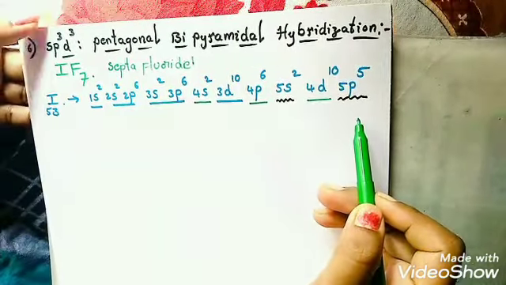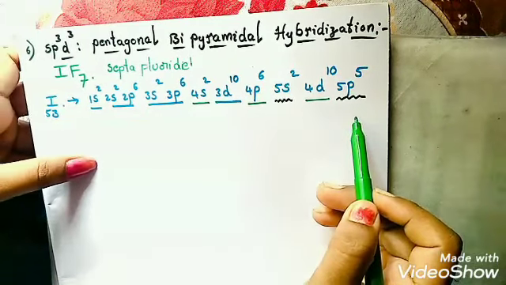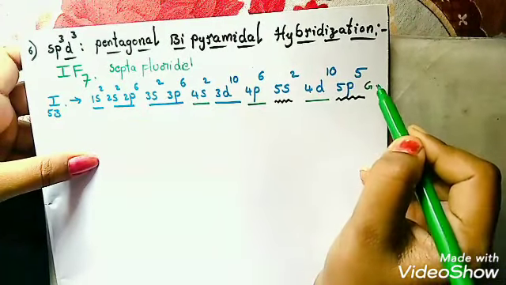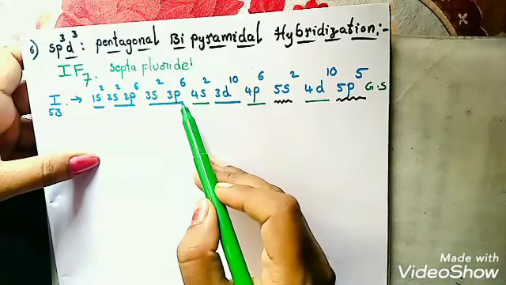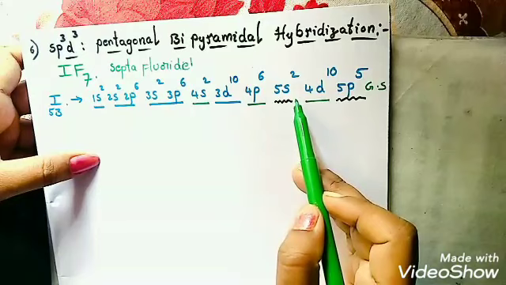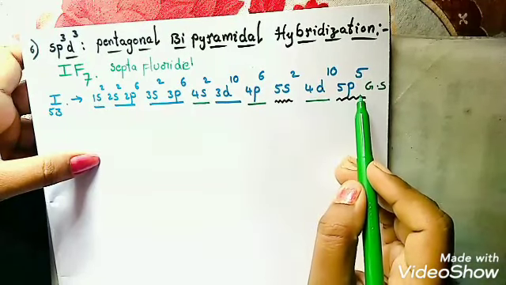So if you see the iodine atomic number 53, its ground state electronic configuration should be 1s2, 2s2, 2p6, 3s2, 3p6, 4s2, 3d10, 4p6, 5s2, 4d10, 5p5.